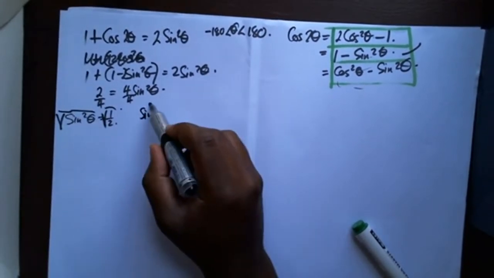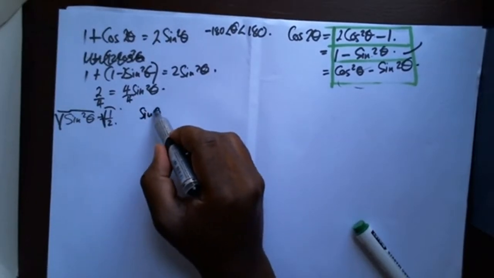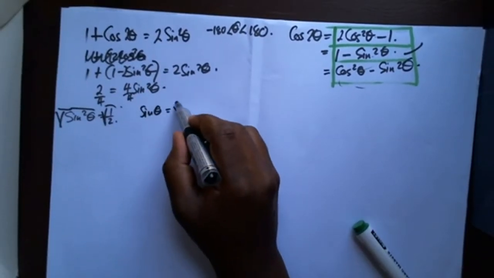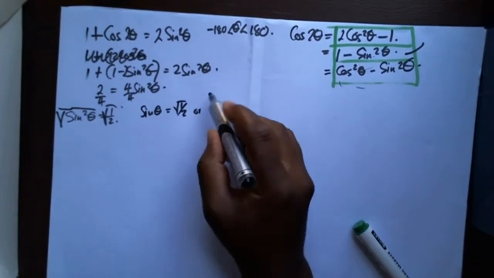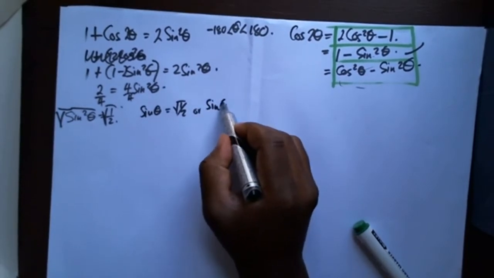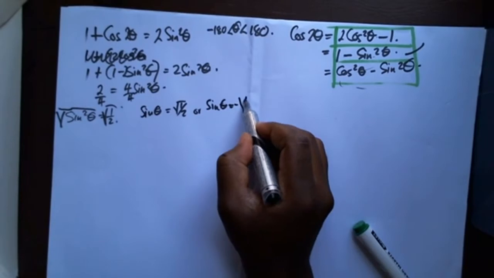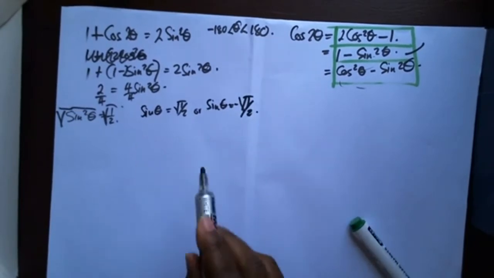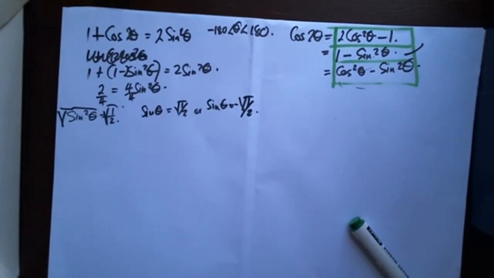So sine theta is equal to square root of 1/2, or sine theta is equal to negative square root of 1/2. Do not forget the negative part, because you will lose some of your solutions.